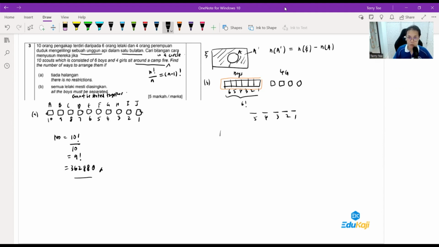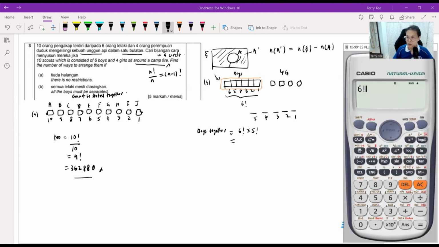Remember, we have to treat this like a block itself. So there are 6 factorial times 5 factorial ways to represent the number of ways the boys are together. All right, so let's do this. 6 factorial multiplied by 5 factorial gives us 86400.